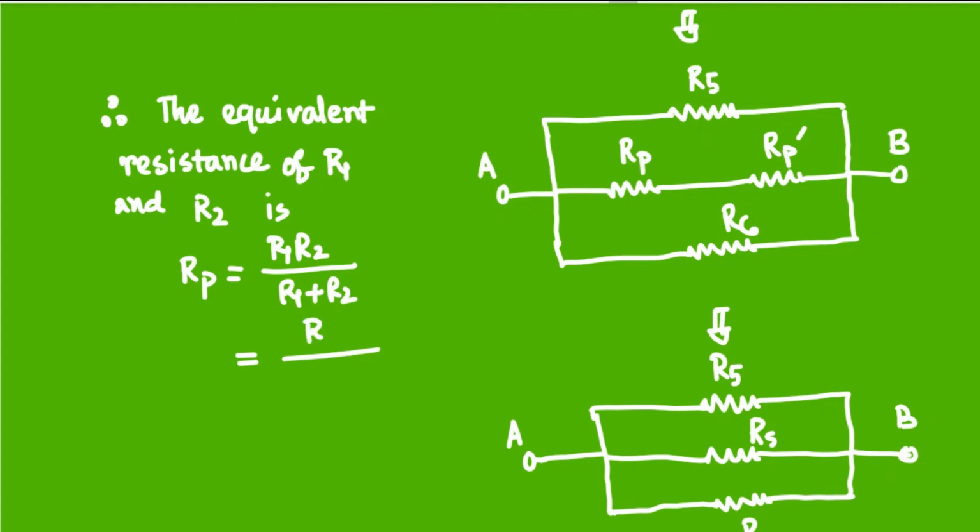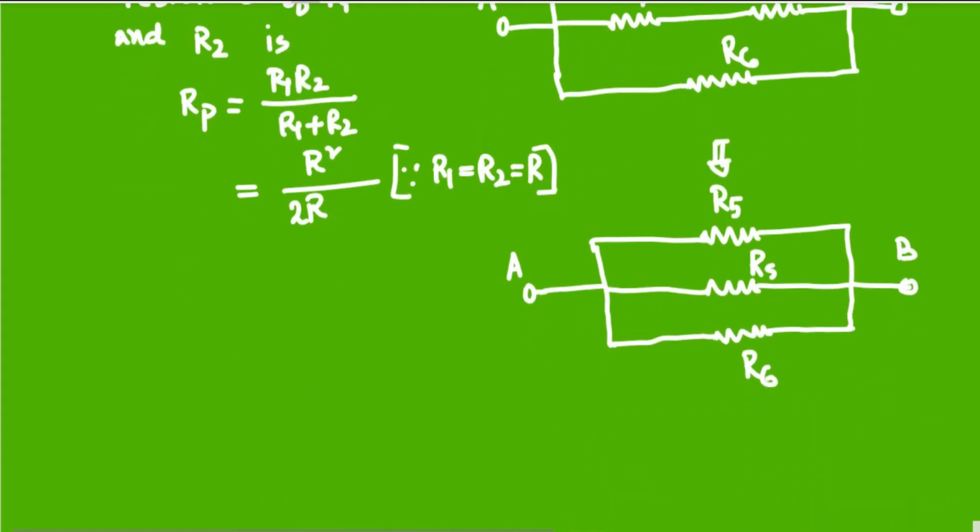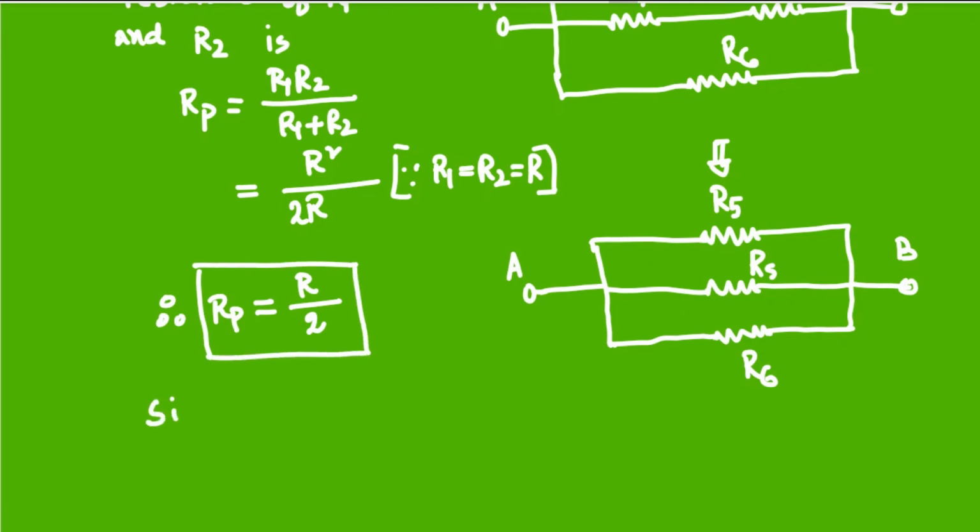Putting the values R into R, that is R square, divided by R plus R means 2R. Since R1 equal R2 equal R, therefore Rp equal R by 2. This is the equivalent resistance of the parallel combination of the two resistors R1 and R2.